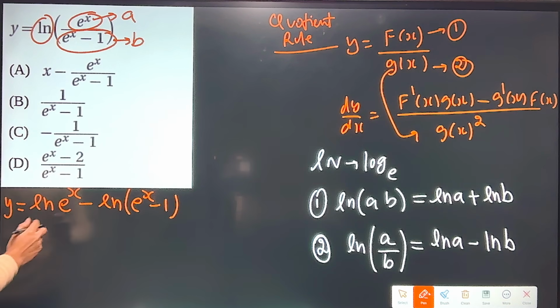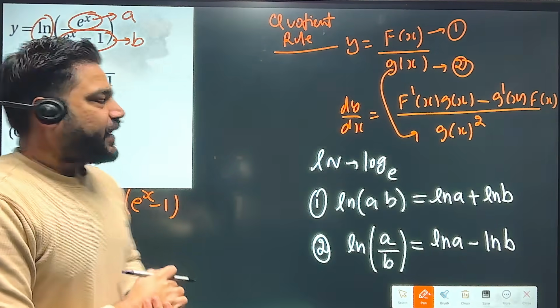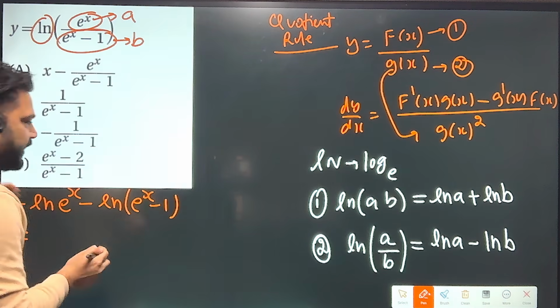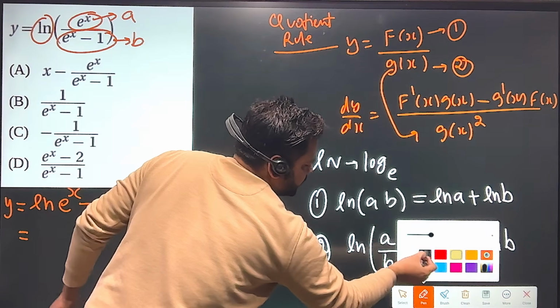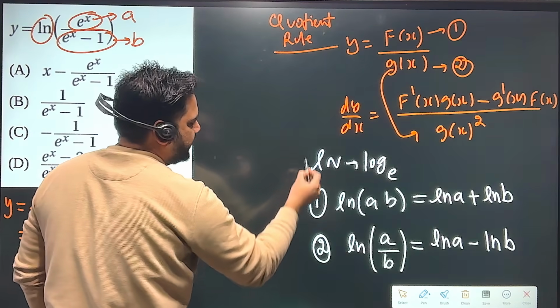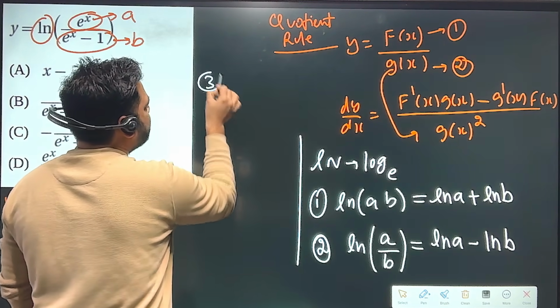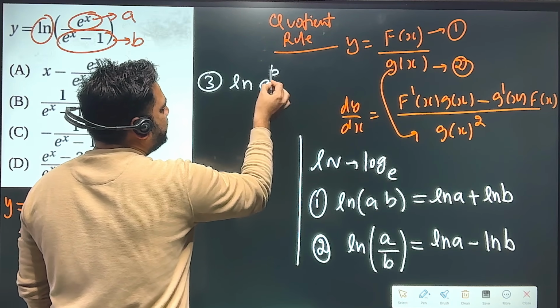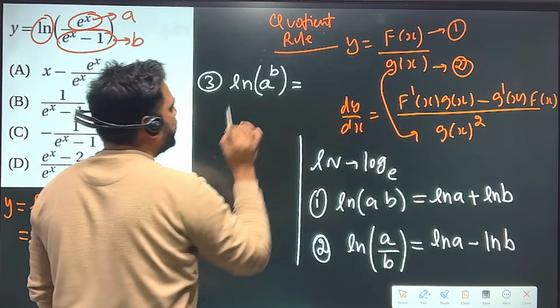Okay, after that, ln also has another very important property. Let me tell you the third property of ln. Suppose we have ln of a, and a power is b. Look carefully.